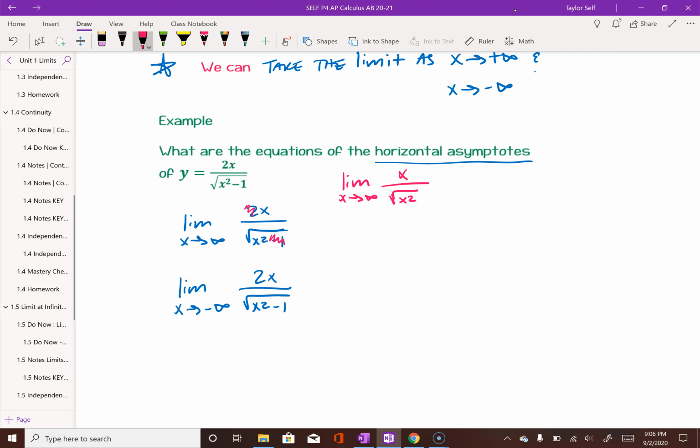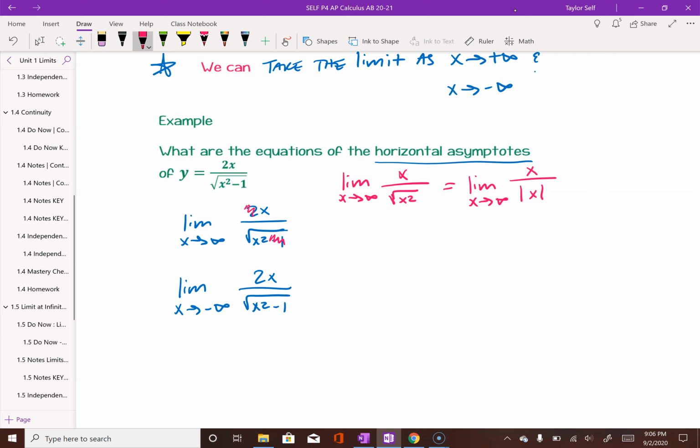Now, with square roots, you need to do something a little weird. You need to turn the square root into an absolute value. So we're going to say that's the same as the limit as x approaches infinity of x over the absolute value of x. The square disappears because what is the square root of x squared?